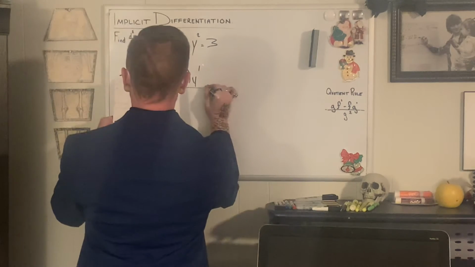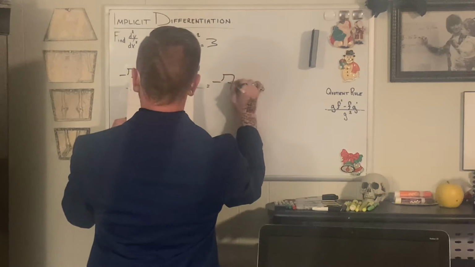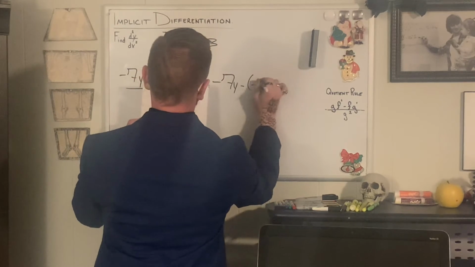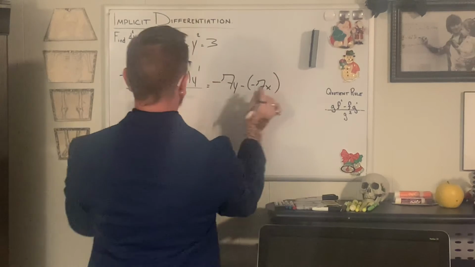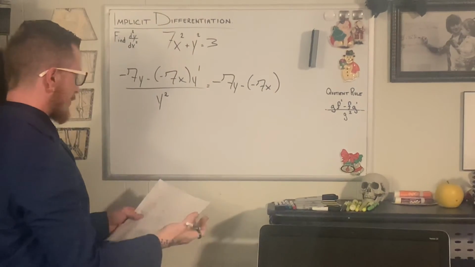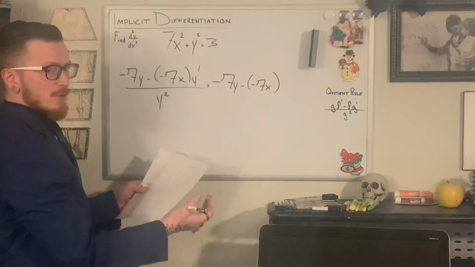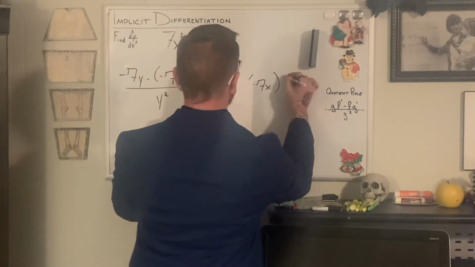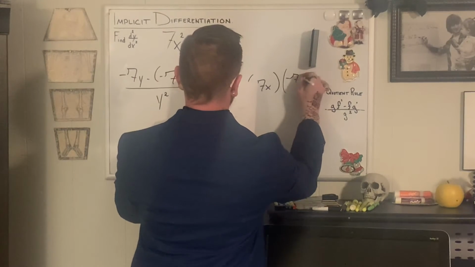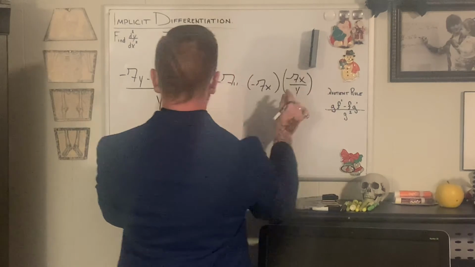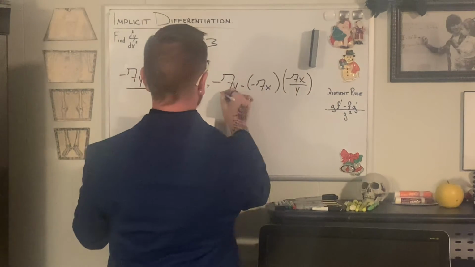This is going to become minus 7y minus 7x. And we already know what y prime is. We solved for that earlier. That's just minus 7x over y. So this becomes minus 7x over y, all divided by y squared.